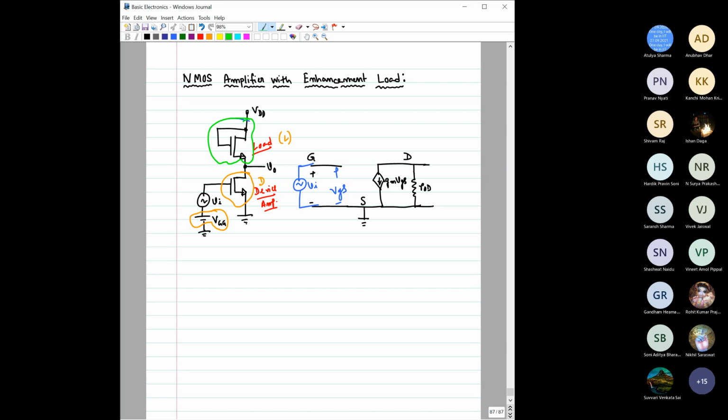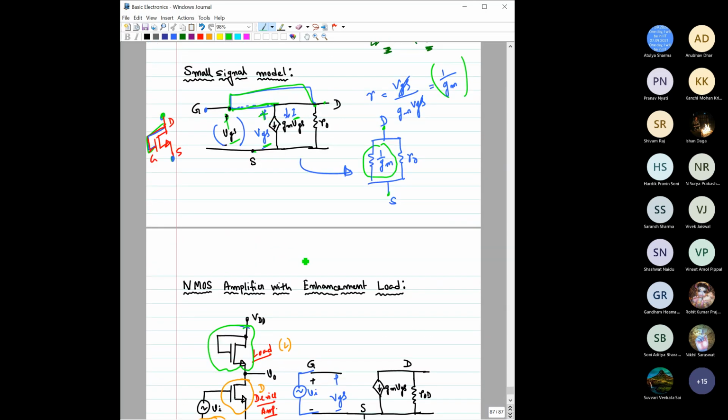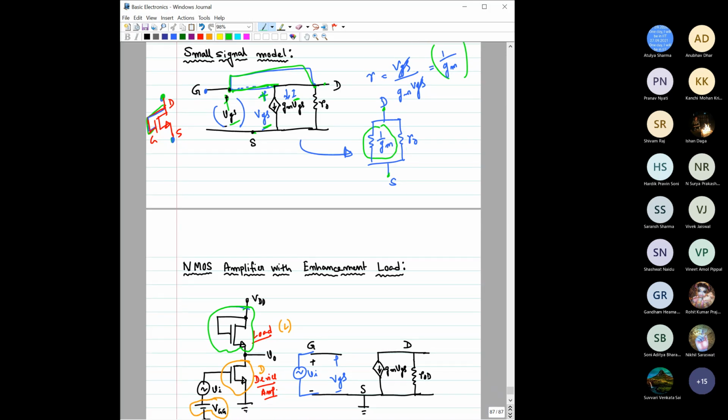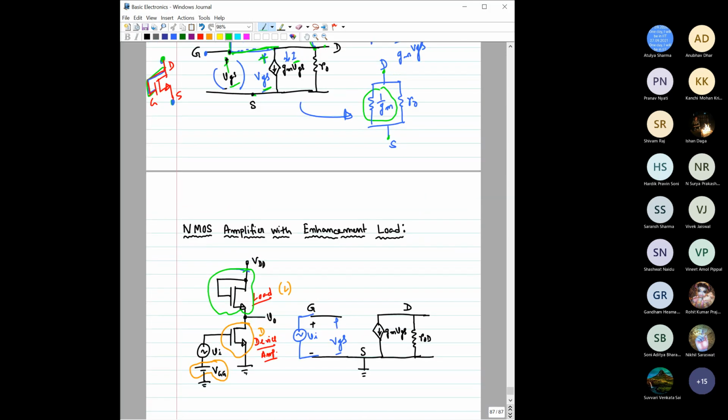In the last page we have seen that this enhancement load can be replaced with 1 by gm in parallel with r0. So we can draw it here like this: 1 by gm parallel with r0. This is VDD, which would be grounded in small signal.